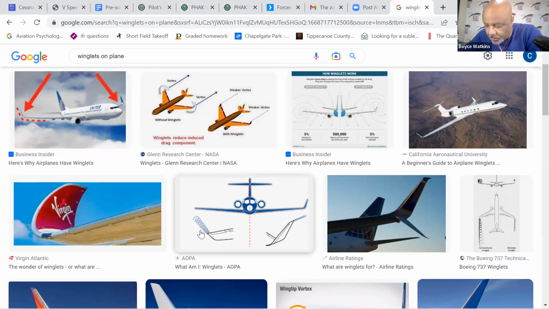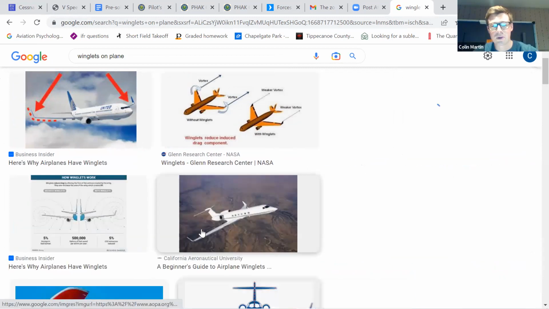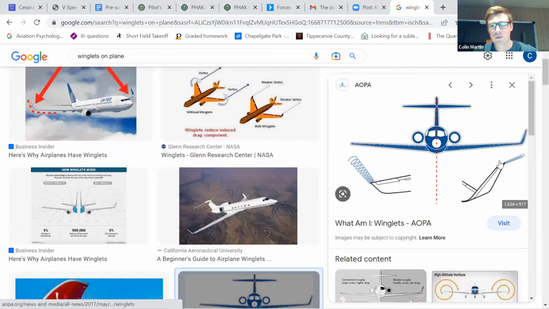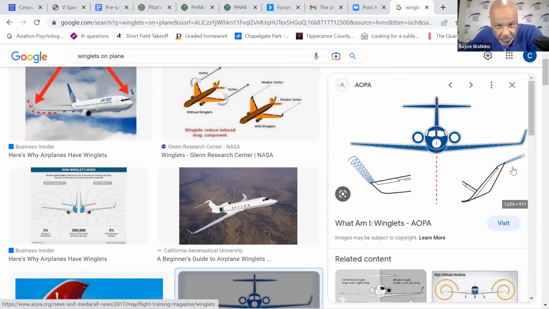Oh, okay, like the difference from this one to having a winglet. So yeah, it decreases the effect that wingtip vortices have on the airplane.